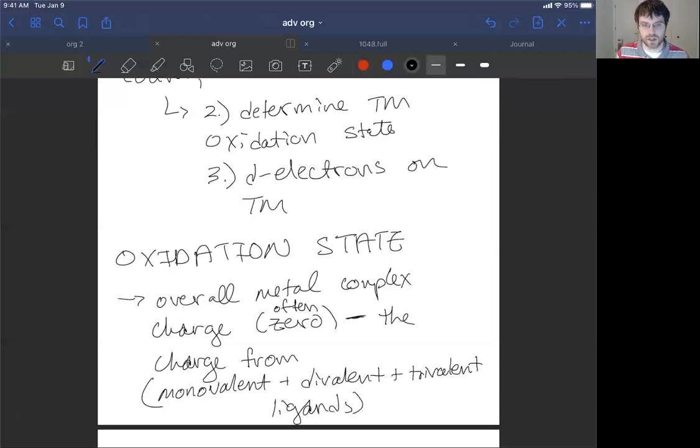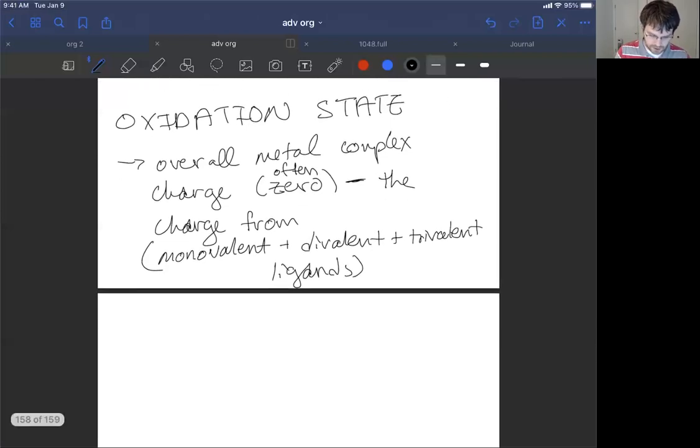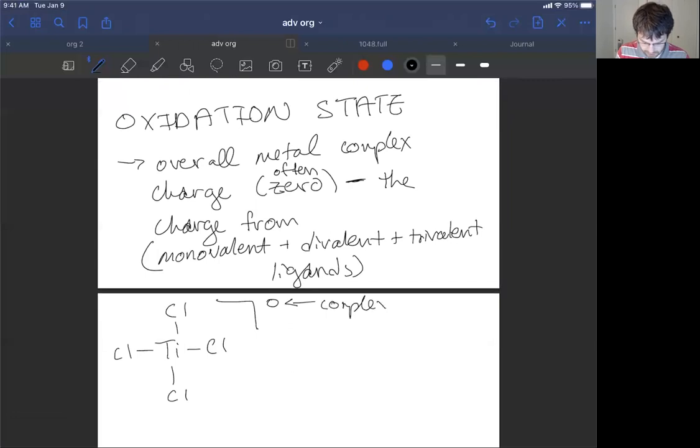Okay, so let's look at an example of this. The molecule titanium tetrachloride is shown here. It's overall 0, so I'm going to put a bracket around it, and that signifies that the complex charge is 0. So what about the charge from the ligands?